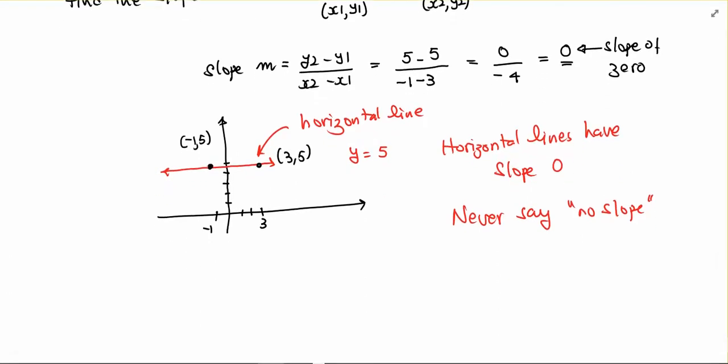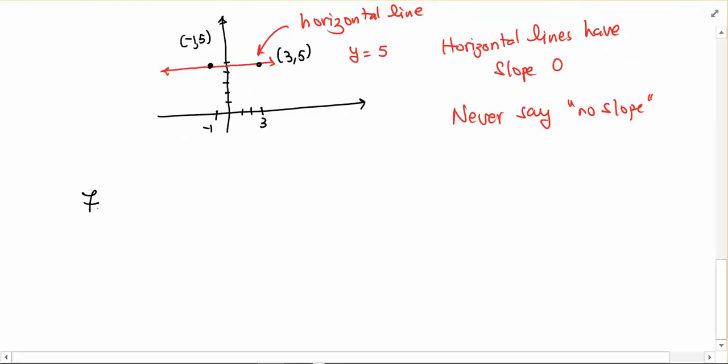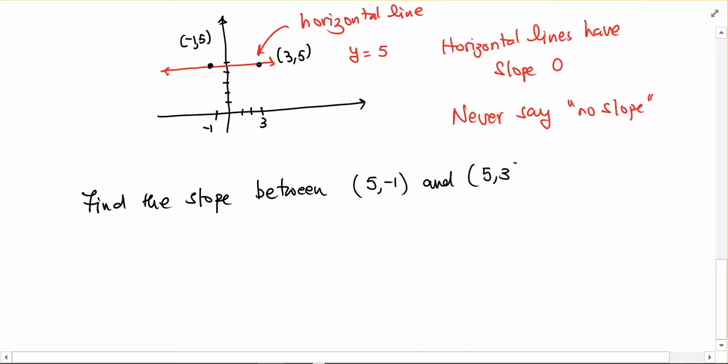Let's take a look at the slope of this line. Find the slope between 5, minus 1 and 5, 3. So again, we get to pick which one is x2 and which one is x1.